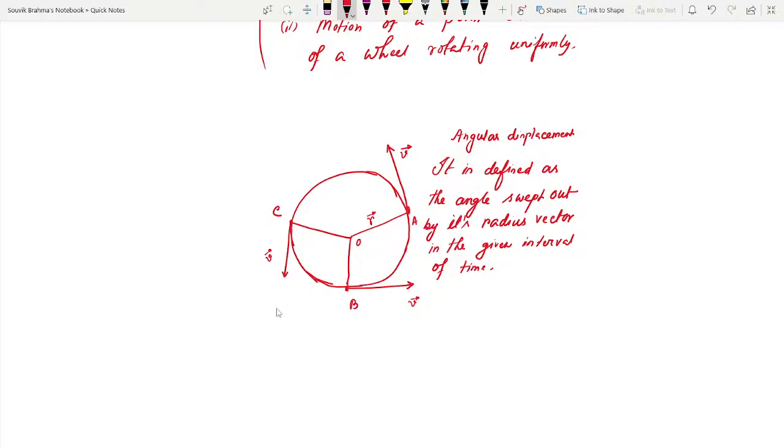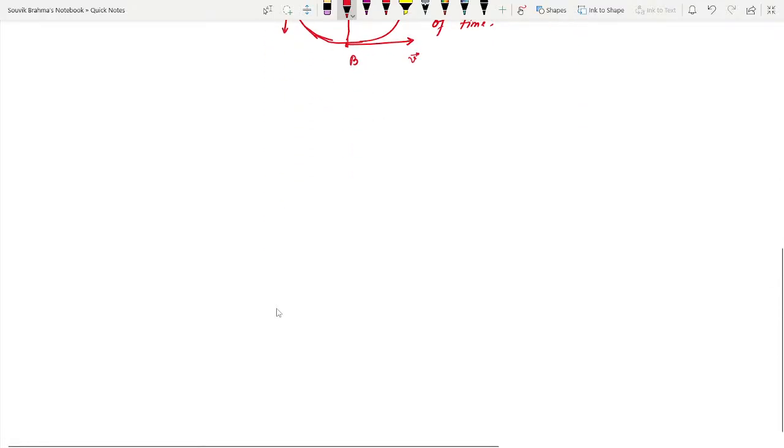Again we should produce a diagram where there will be a circle, because here the path should be circular, isn't it? So first let us draw a circle. Then this is the origin of that circle.